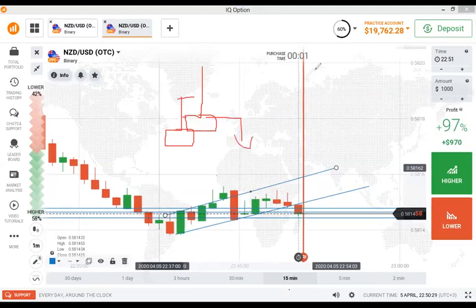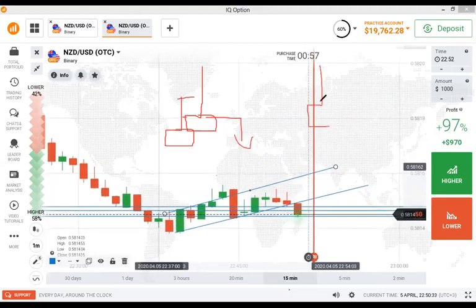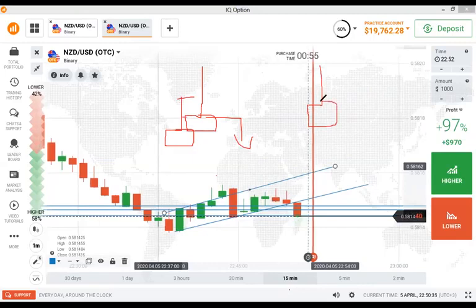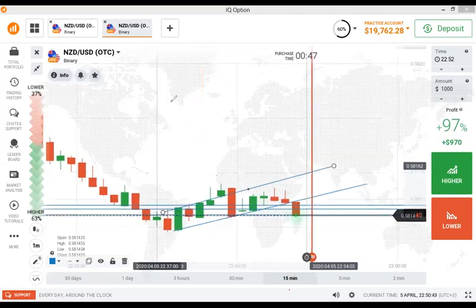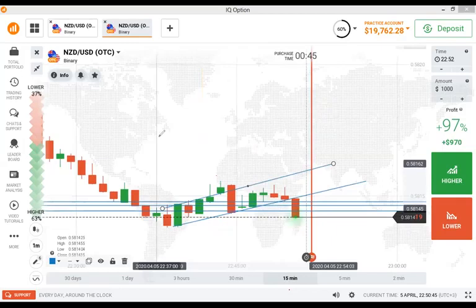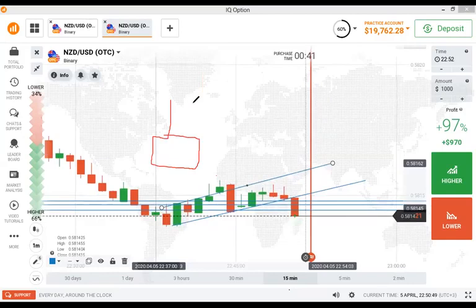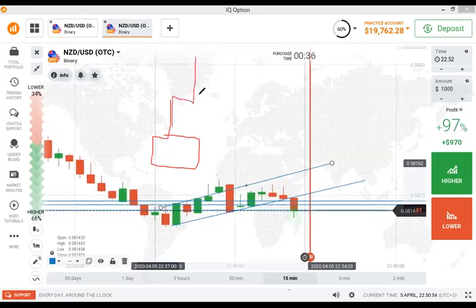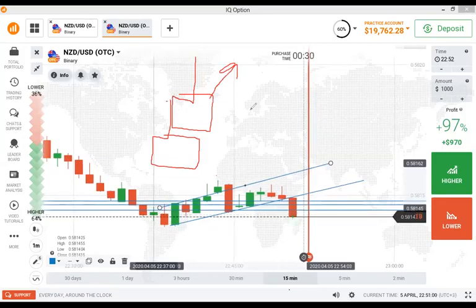But if you have a rejection like this, a candle like this, the next candle here is bullish because it closed above this area.